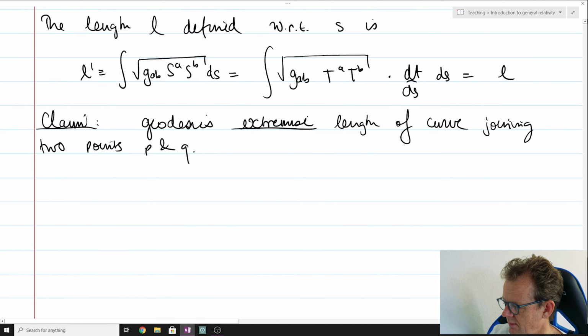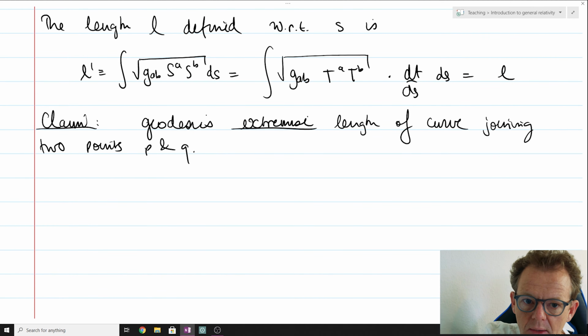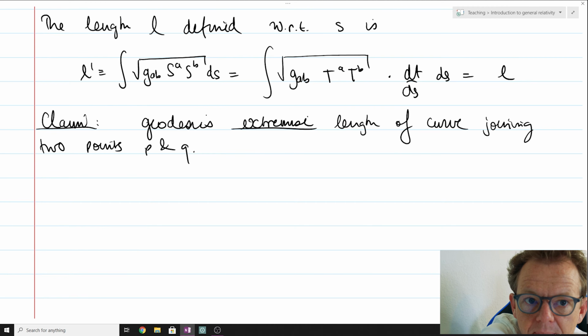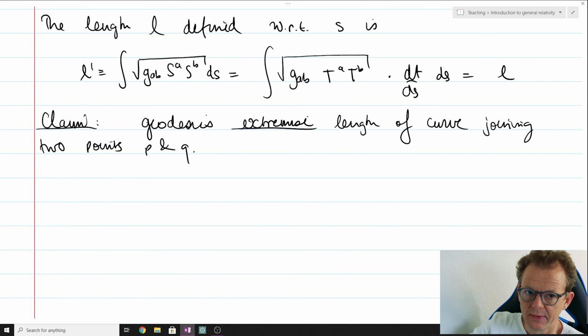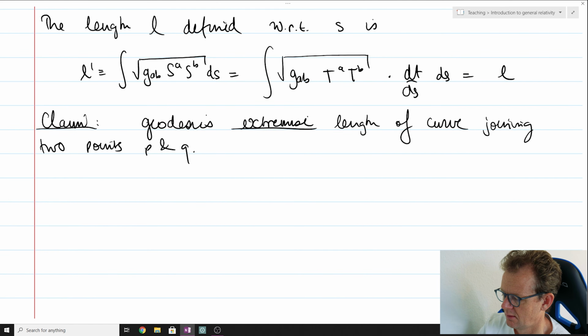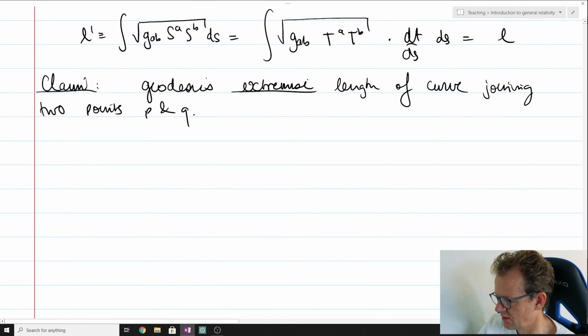So that's the claim that we're going to investigate now. We're not going to completely prove it, but we will investigate the claim to see what we can learn. Once I show you this argument, you should be content to generalize this to the most general setting possible.